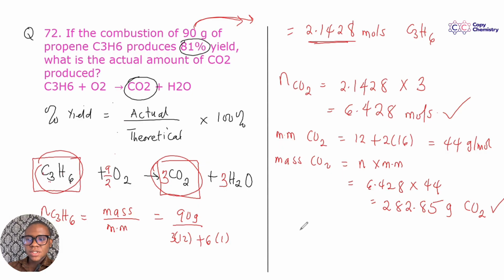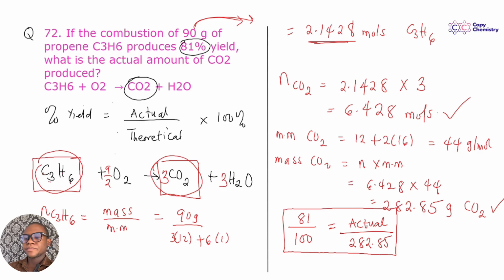Actual percent yield, which is 81%, I'm going to write that like this. 81% is equal to the actual yield, which is what we don't know, divided by the theoretical yield, which is 282.85. So this is my equation. And then I'll just solve for the actual yield by cross multiplying and dividing both sides by 100.